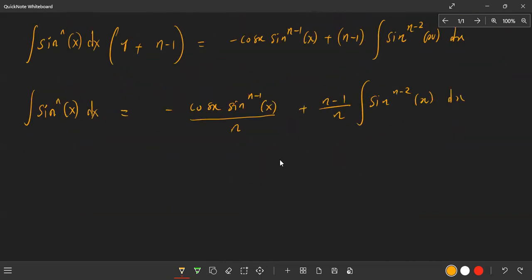And again, strictly the values of n you should take should be greater than or equal to 1, because we can't have a 0 in the denominator there.